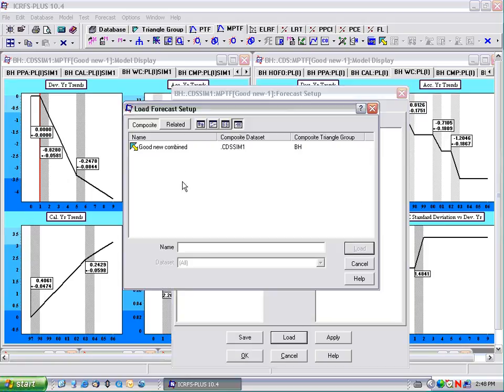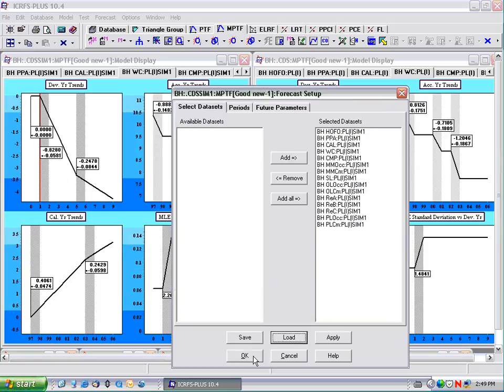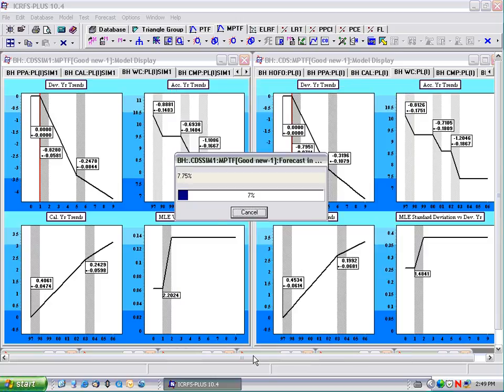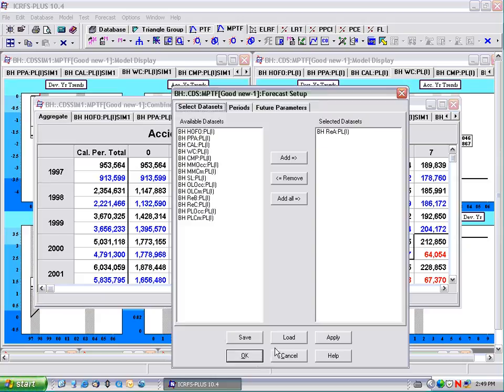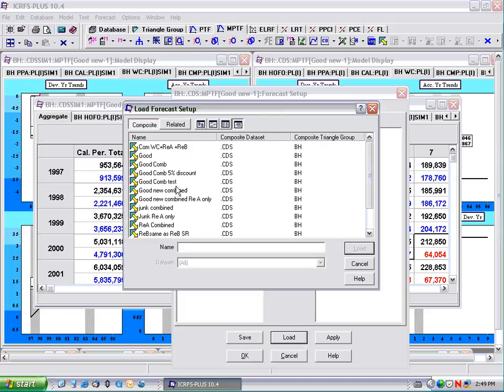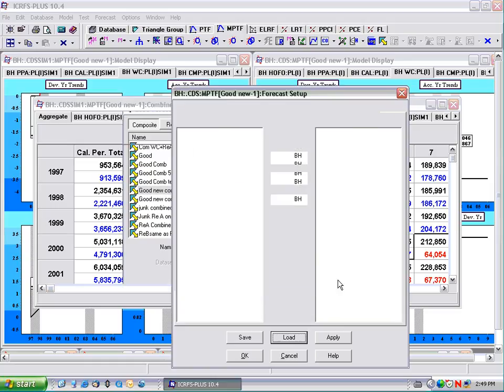Let's now do a forecast for each. Load, new combined. That's obviously the simulated composite. And then we're going to load it for the real composite, the real data.